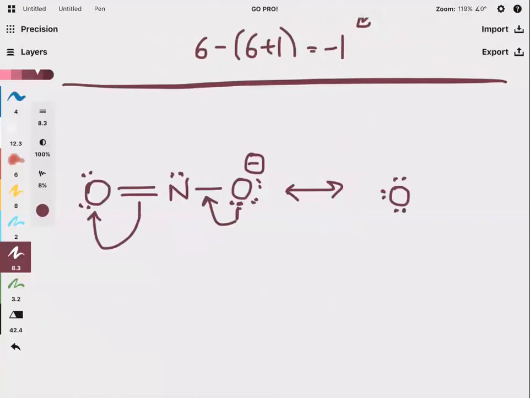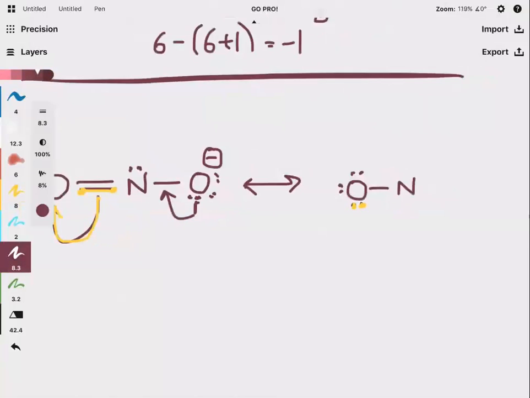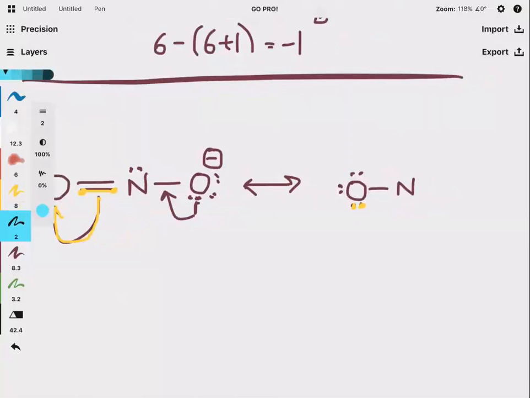Because these two electrons right here got moved to here, right? So here they are. So now we're bonded, and let's say these two electrons were blue, and we moved them over. So there they are.